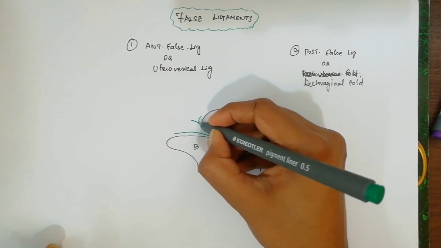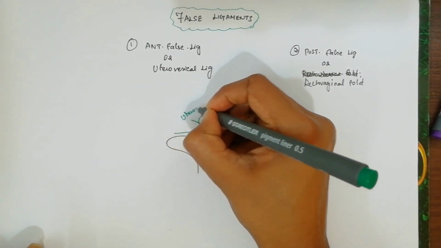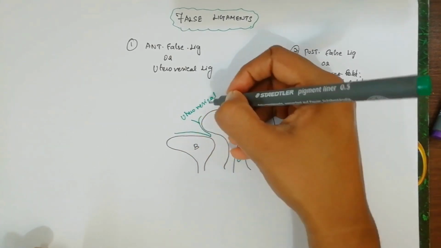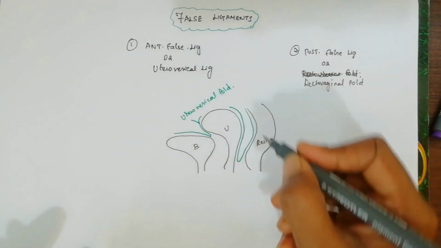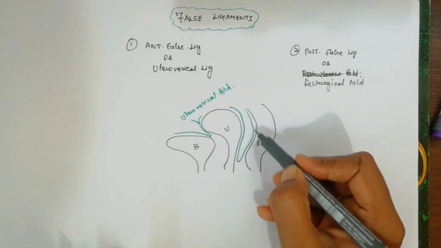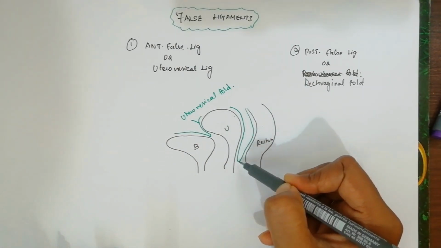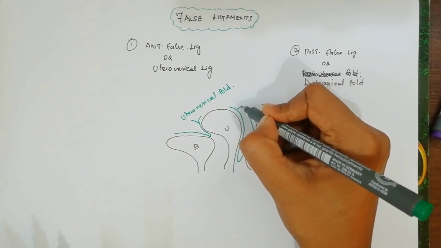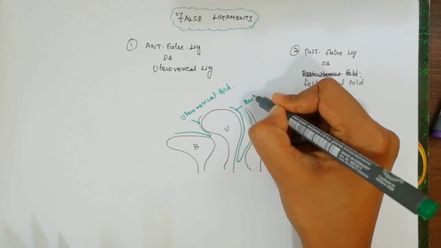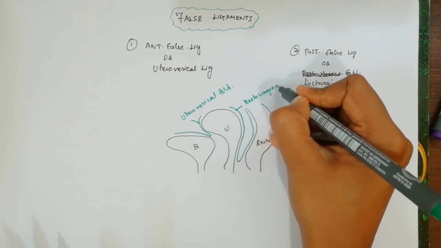We are calling this part the uterovesical fold or anterior false ligament. Same way the recto-uterine pouch will be seen, extending downwards, and the fold which is present over here we are calling the recto-vaginal fold.